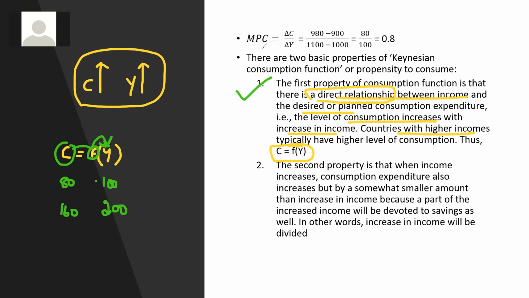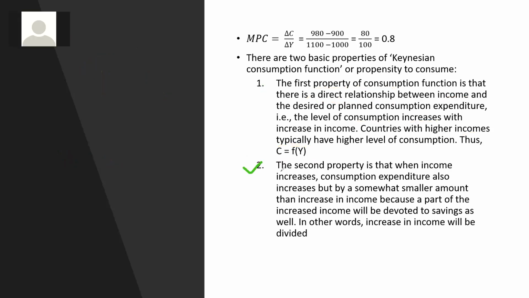Okay, look at point number 2. The second property is when income increases, consumption increases by somewhat a smaller amount. For example, say this is your income and this is your consumption. Your income increases by 10 times. Watch this very carefully.